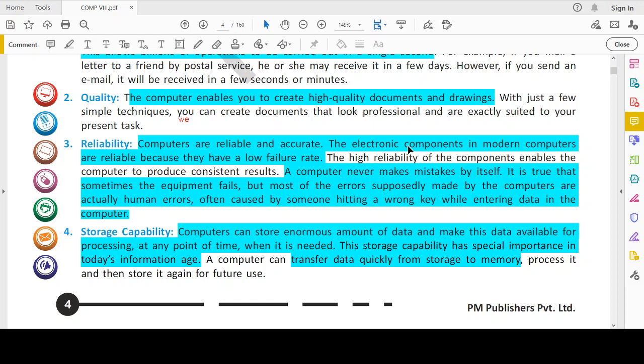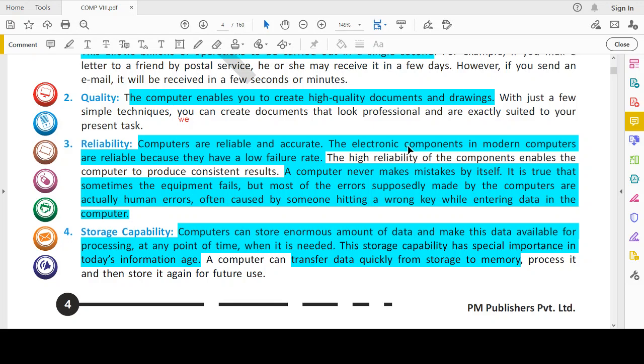Whatever be the number of computations, like you have been calculating the averages for all the students within seconds, yet they are accurate. It is not that it will just give any result, it will give the accurate result, the right result only.